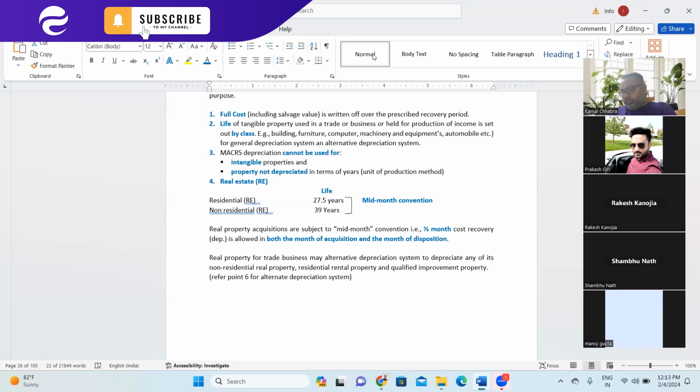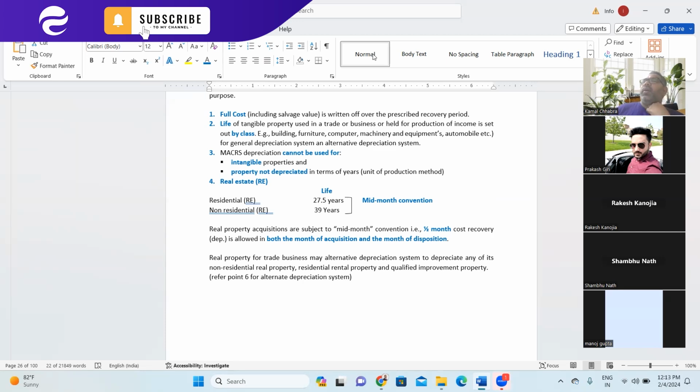Sir, it depends on how much we will be producing from the particular machinery over the life of it, and proportionately charging as per the actual production which we must have produced during the year. Yeah.